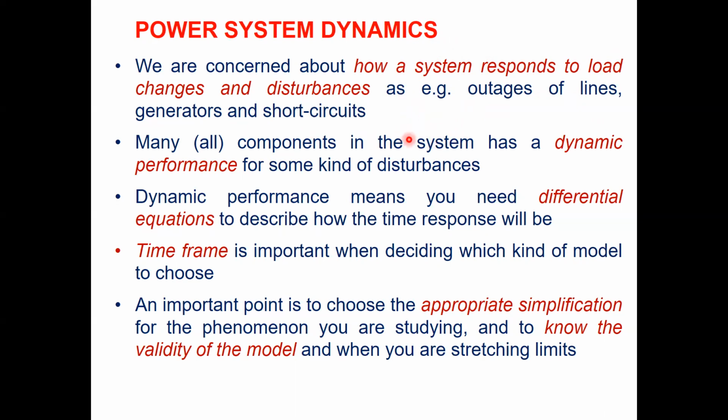In our power network, all the components have their own dynamics against disturbances. Take your turbine, your generator, and even your transformer. The transformer is a static device, because it doesn't have any rotating component, whereas the generator has a rotating component.